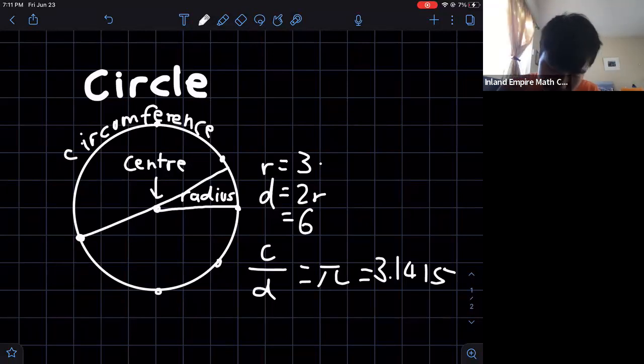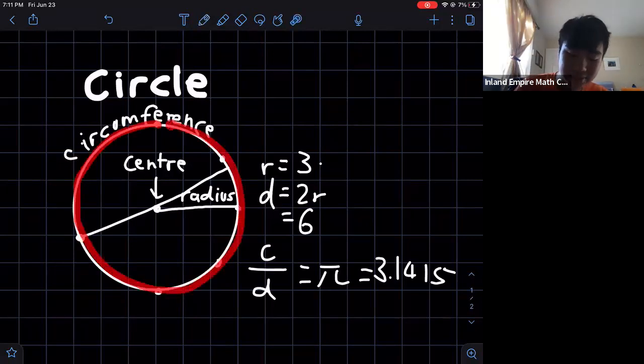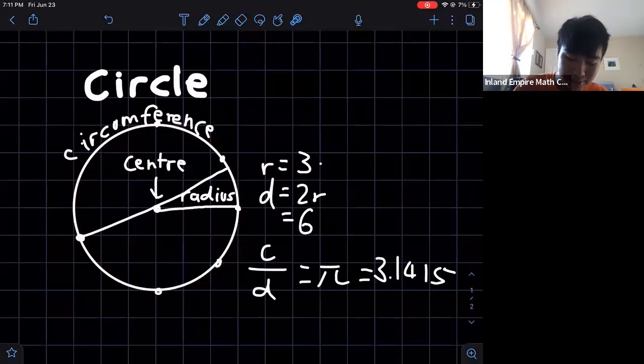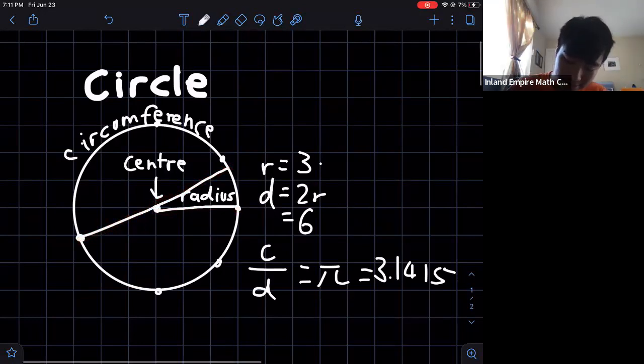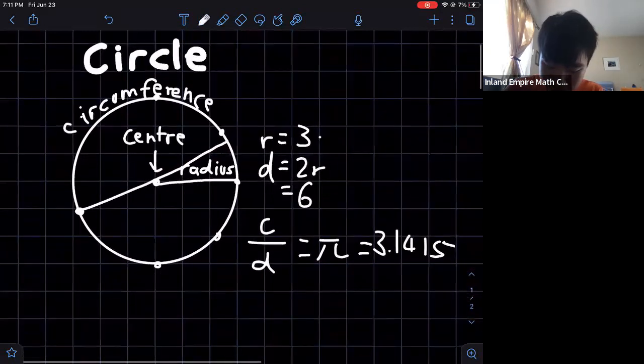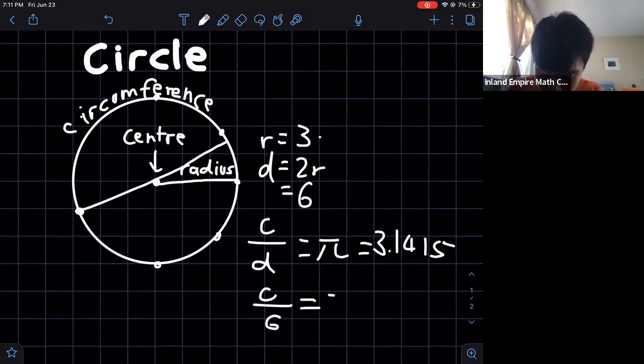But what that means is that if we want to figure out the circumference, or the amount of distance that you need to walk to get around the entire length, if we already know what the diameter is, or if we already know what the radius is, then we can figure out the circumference. So, for example, if we know that the diameter is 6 right here, then c, the circumference, over 6 will equal pi.